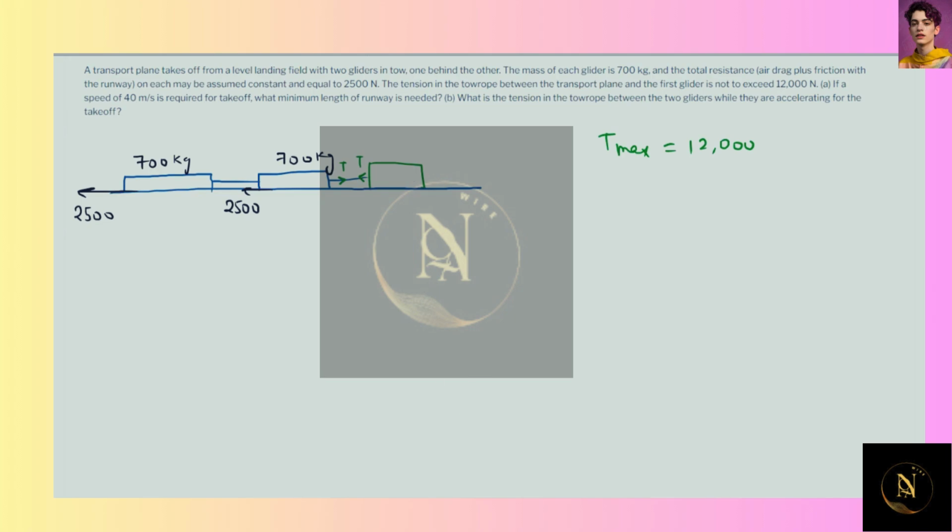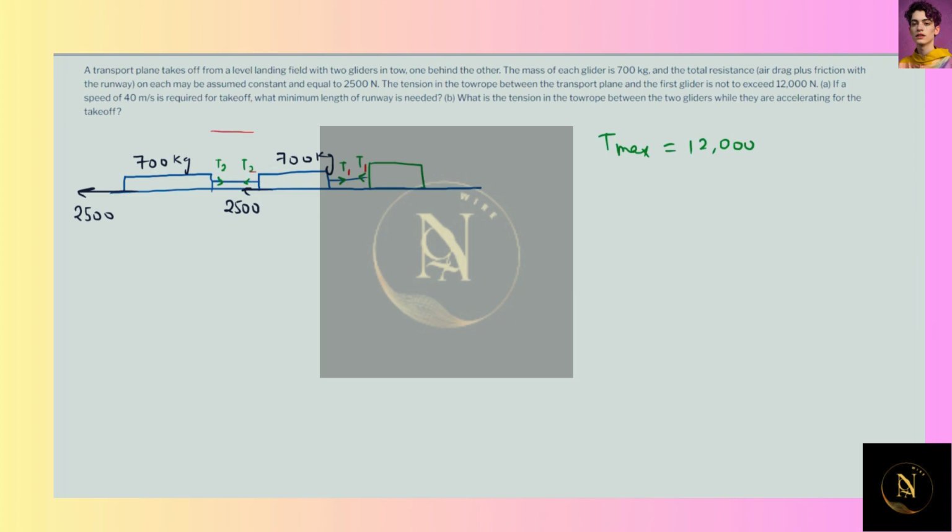So we have to set up the equations. For the first glider, let's call the tension T1, and for the other rope, let's call the tension T2.